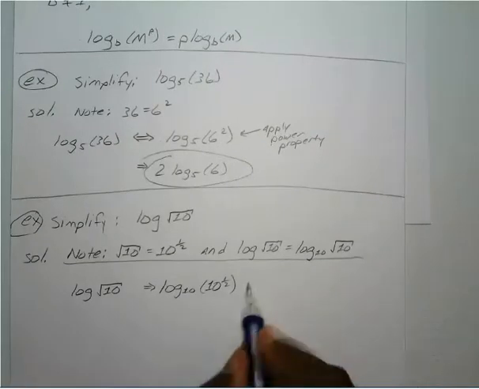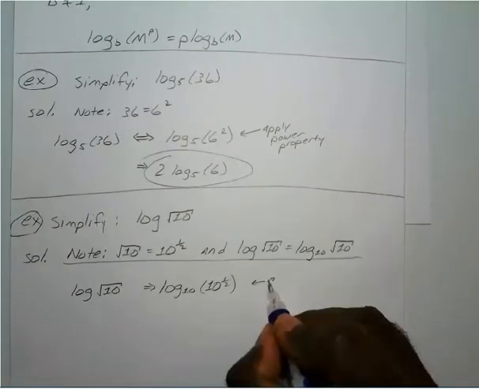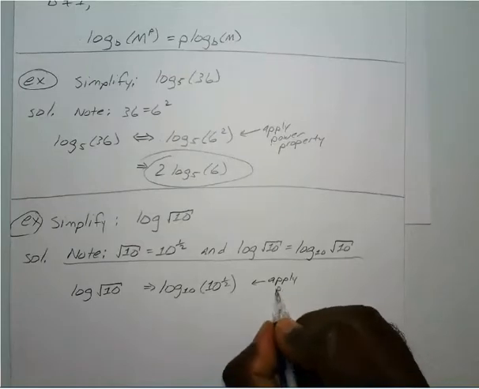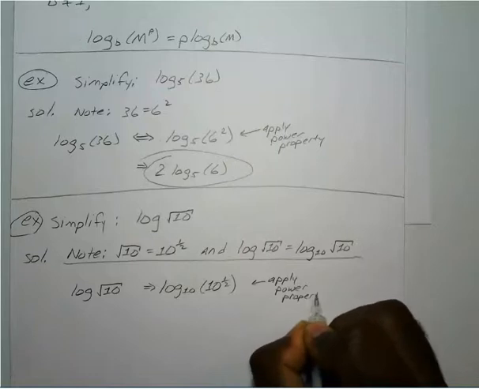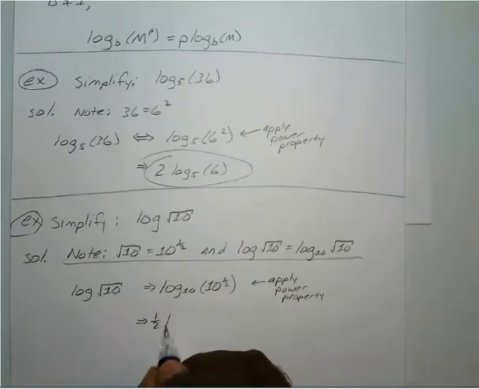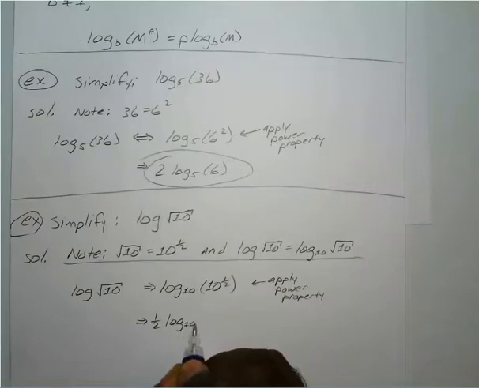Okay, and then we go ahead and apply the power rule, or power property. Okay, so that exponent just comes right out to the front. So they have 1/2 times log base 10 of 10.